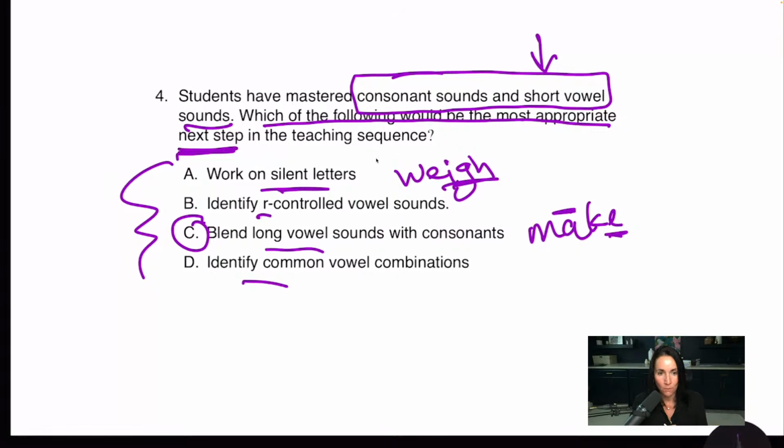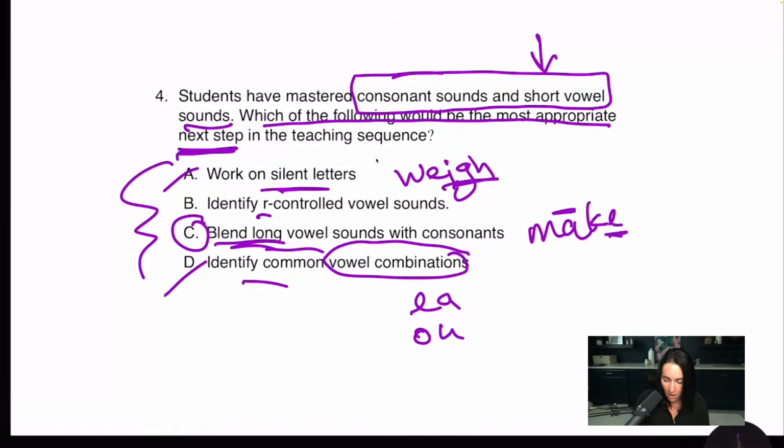All right. Right here, we're blending the long vowel sounds. Common vowel combinations, this is actually more complex than C because, E, A, O, U, vowel combinations get pretty tricky. So D is too high. And then R controlled, we're talking about IR, ER, OR, those types of vowel sounds, that's even higher. So the best one is C here.